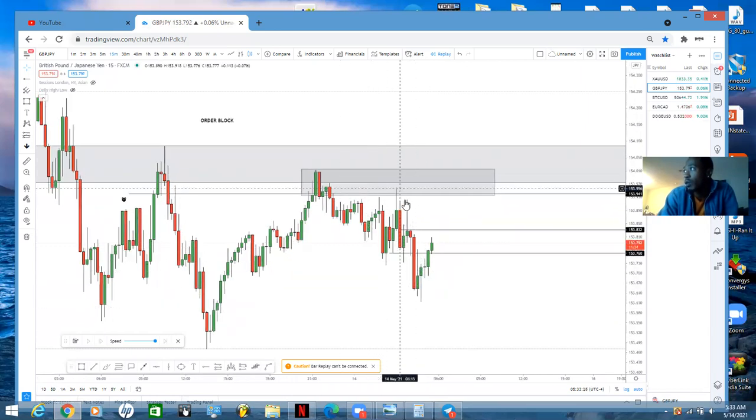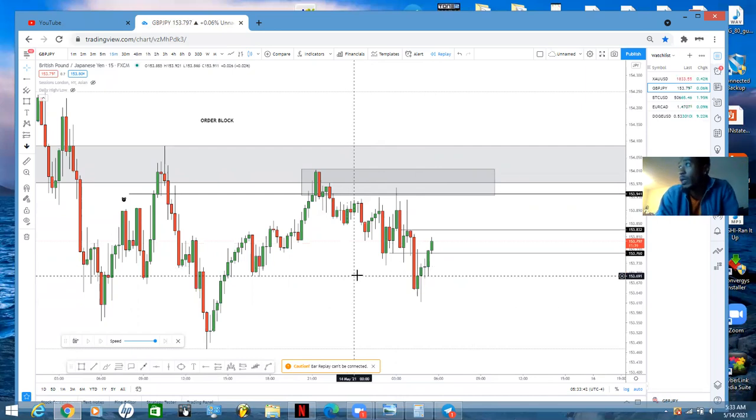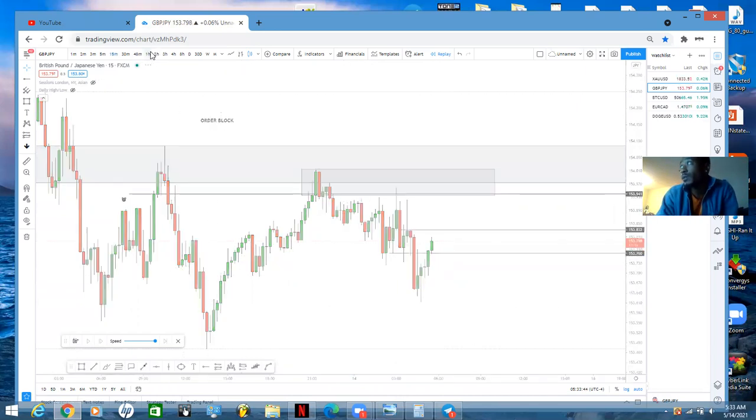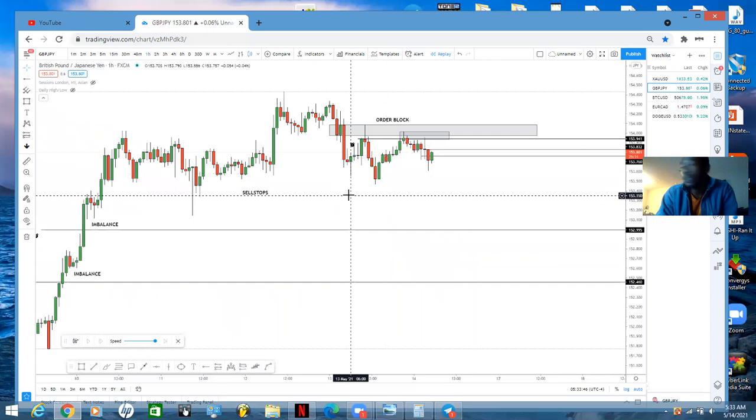So now that we're retracing, price could possibly just be making, just in trend, new lower lows and lower highs, and as we're doing it, we just take out buy side liquidity as we go down to the downside. So I mean, that's pretty much it on GJ.